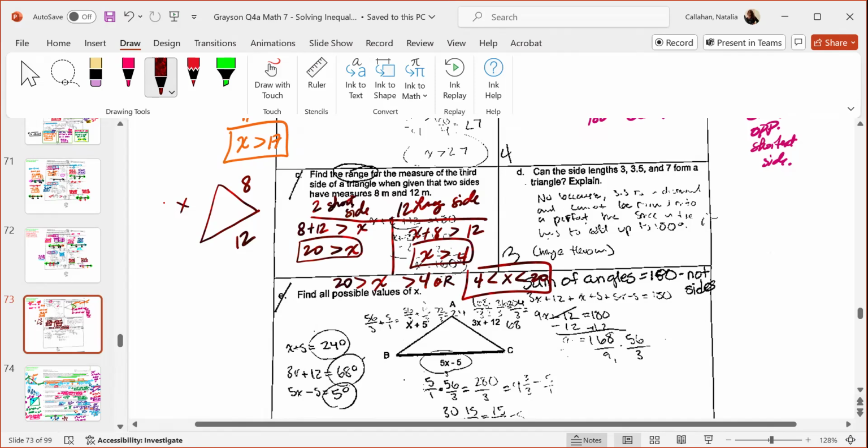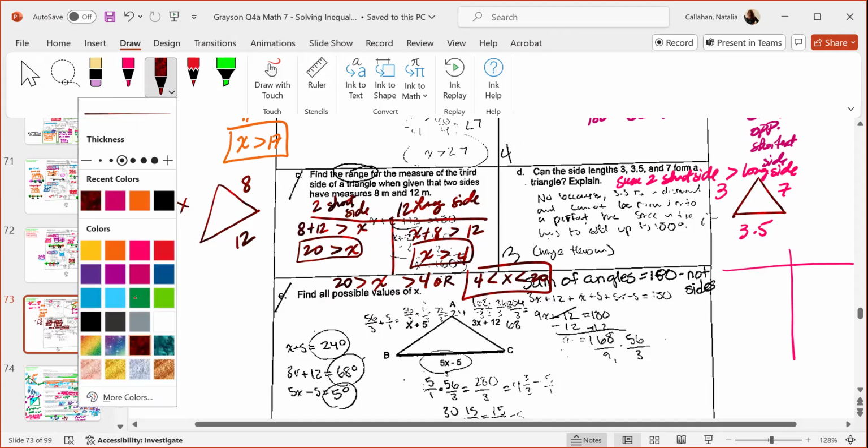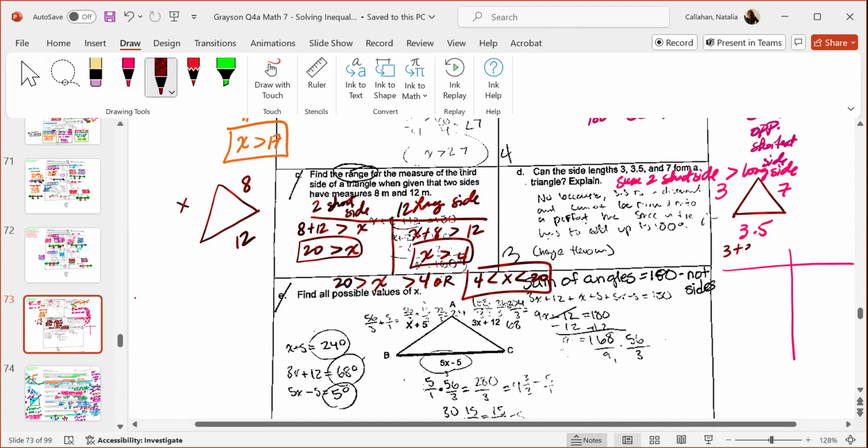Can the sides 3, 3.5, and 7 form a triangle? So draw the picture first. 3, 3.5, 7. Can they form a triangle? Remember how we did this? The sum of the two short sides is always bigger than the long side, right?